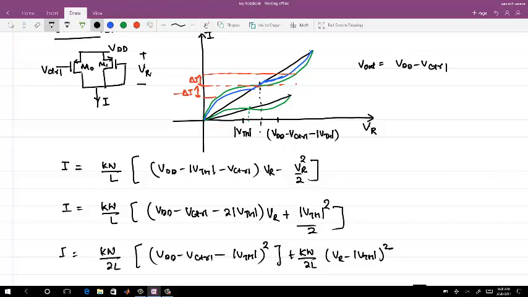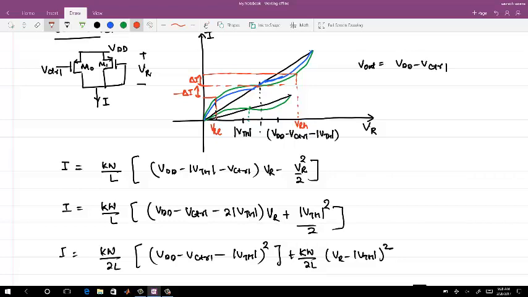The way to work it out is that you know the midpoint, the control voltage and the current. You find the VR voltage such that your delta I is lower, and find the other VR voltage such that your delta I is higher. So you will find 2 points. This is VR low, and this one will be VR high.